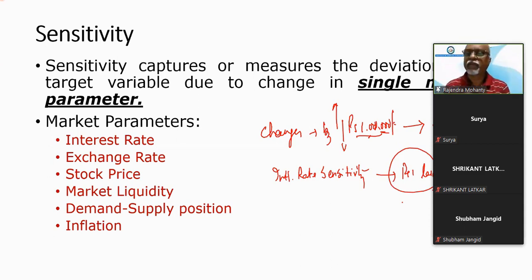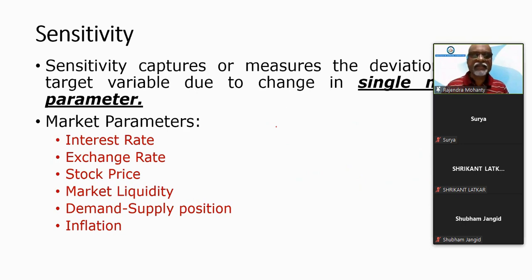We can say that for a 1% change in the rate of interest in the market, the change in market value is 1 lakh. So 1 lakh is the interest rate sensitivity for this particular portfolio. Similarly, this can be measured for exchange rate, stock price changes, market liquidity, whatever it may be.